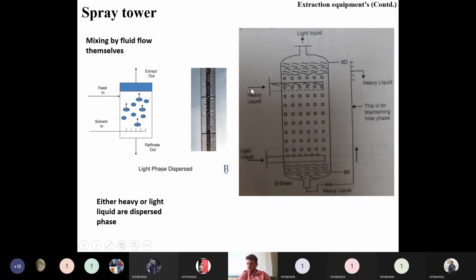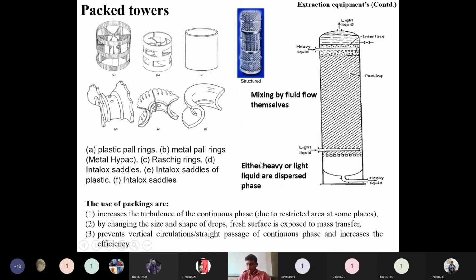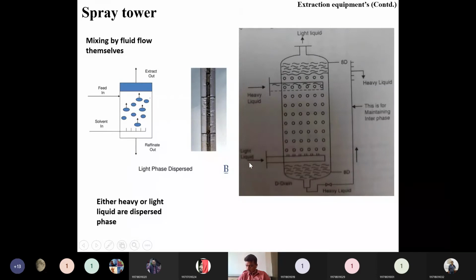Through this sprinkler, the heavy liquid will be falling like this. Then the light liquid will be going up and coming from the outlet, a screen type of plate, and it will occupy throughout this plate. Here one interface will be formed.